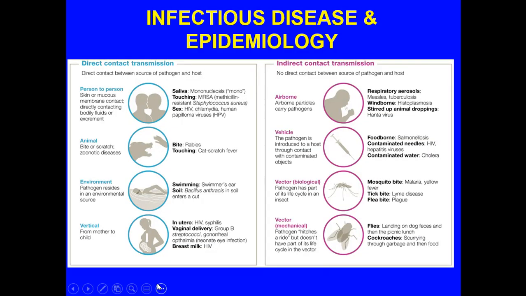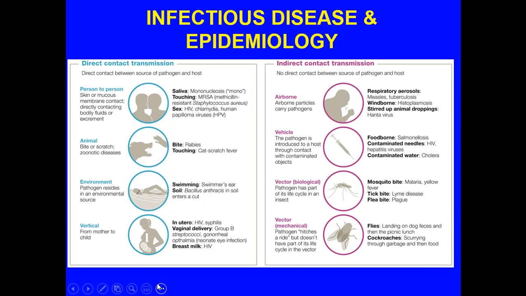This chart here gives you some ideas about the various types of direct contact transmission and the various types of indirect transmission. You can see person to person, animal, environment, vector. With indirect, of course, we've got airborne, we've got vehicles.